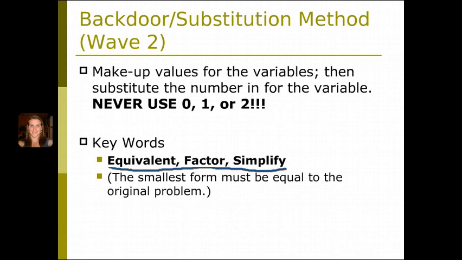Essentially what we're doing in the backdoor method is we're making up any value that we want for our variables. So it's something that you're just going to come up with out of your own mind. However, you should never use 0, 1, or 2 because sometimes using those numbers will give us a false correct answer.